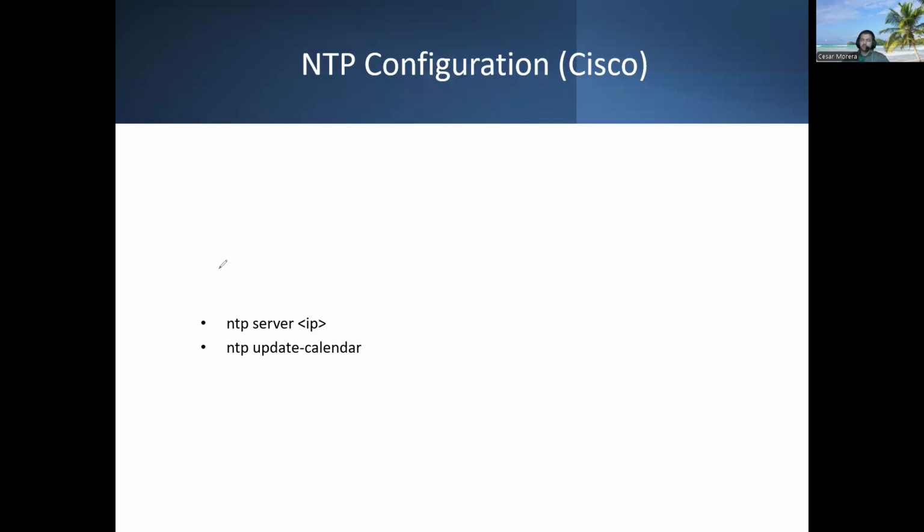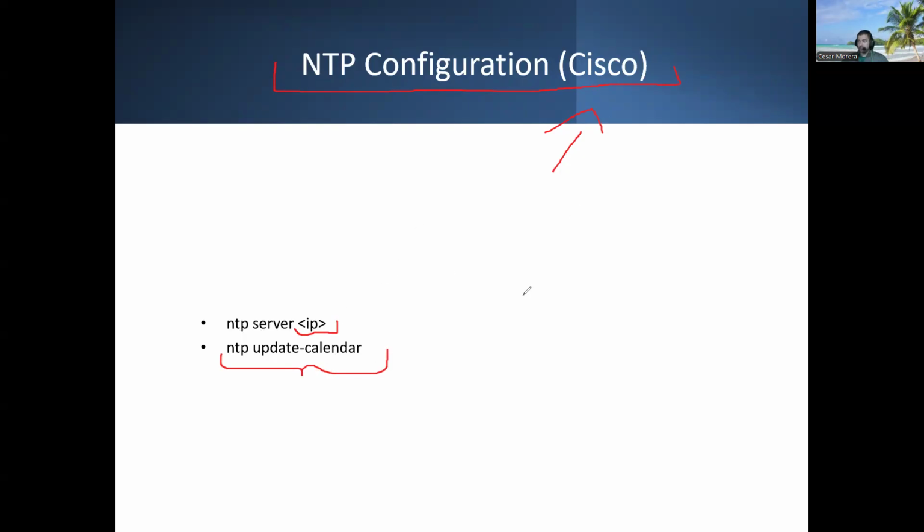Now, how do we configure NTP, boys and girls? What do you think is the best option? NTP configuration on Cisco devices. We're going to mainly focus on Cisco. The first command is NTP server and the IP address, and then NTP update calendar.